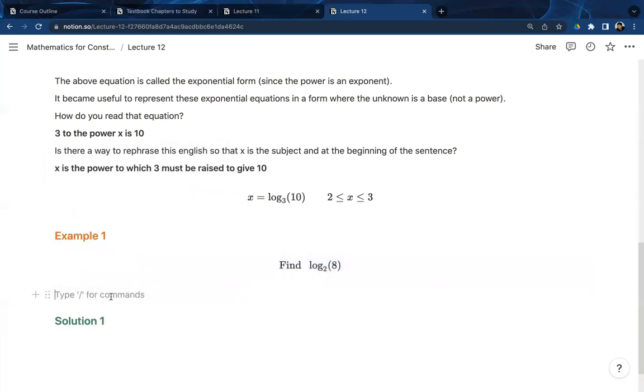What power must 2 be raised to in order to get 8? Well, everybody knows the answer is 3, right? 2 cubed is 8.